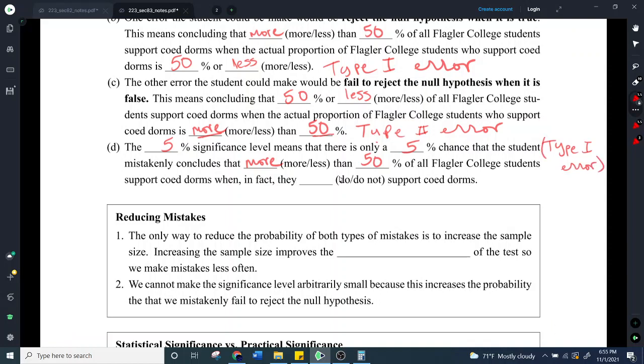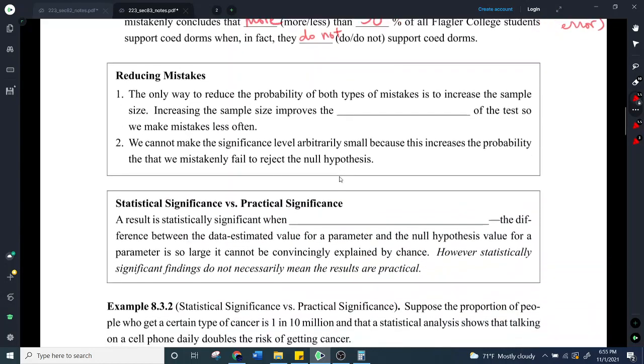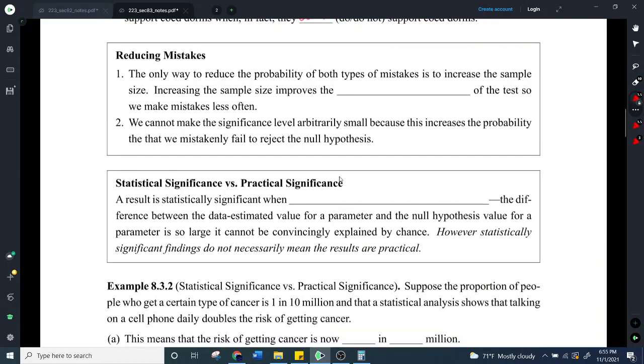So when the student mistakenly concludes that more than 50% of all Flagler College students support co-ed dorms, when in fact they do not, that means he's made a type 1 error. And so the 5% chance, the significance level or the alpha level, is the chance of making that type 1 error. The only way to reduce the probability of making both types of mistakes is to increase the sample size. It would be a nice world if we could make the significance level arbitrarily small, but that doesn't really work.